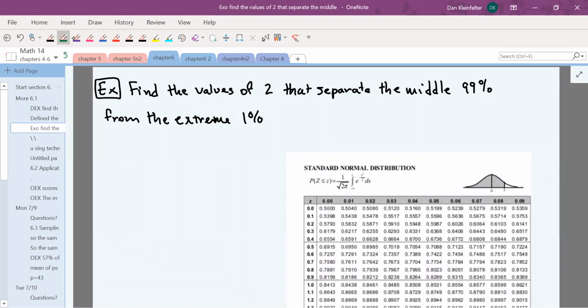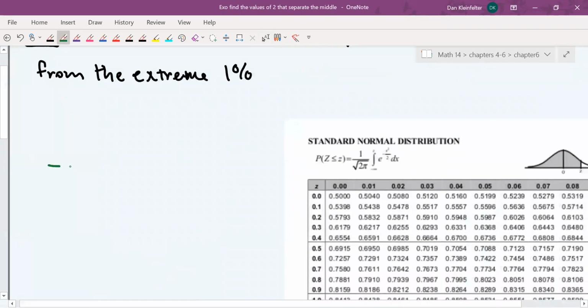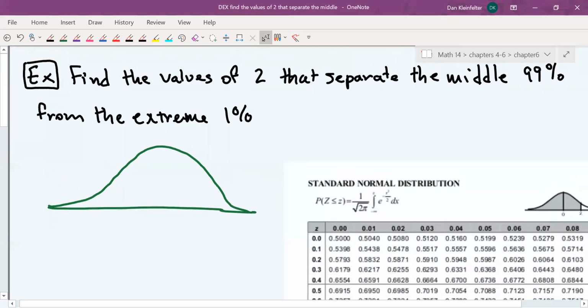All right, let's try one more. So we want to find the values of Z that separate the middle 99% from the extreme 1%. A sketch, as always, is going to help. So we want the middle 99% separated from the extreme 1%.